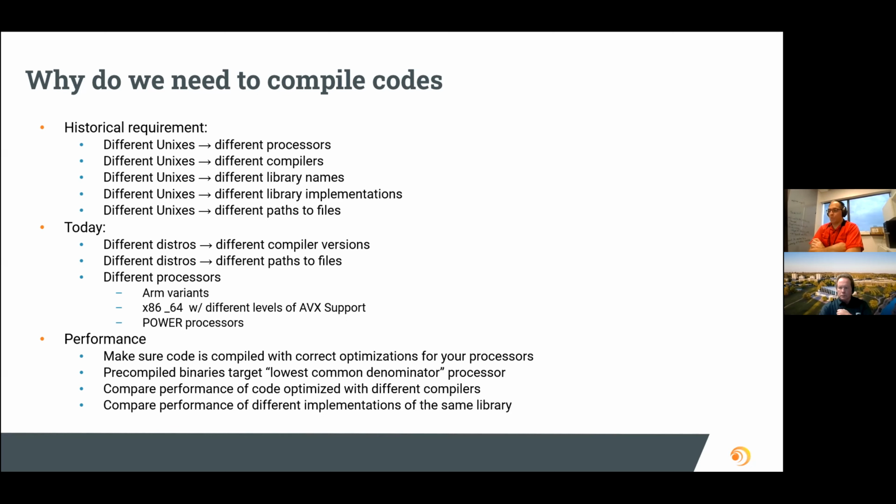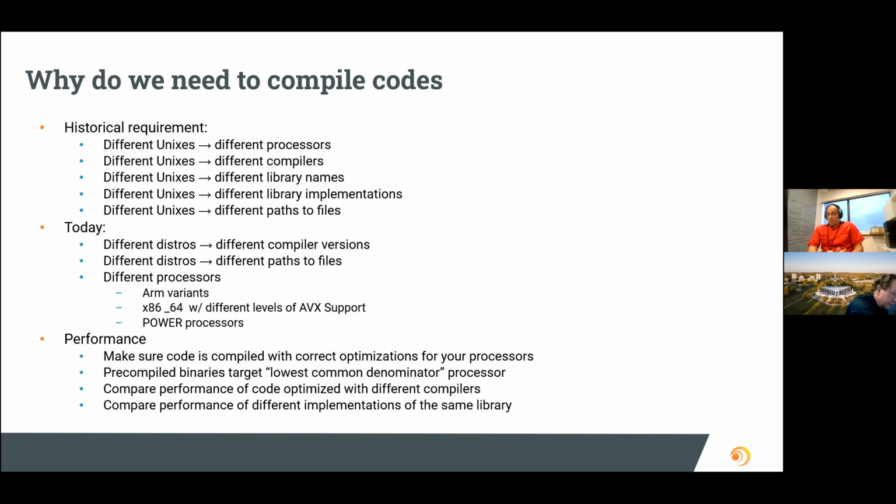Precompiled binaries, you generally don't want to use these for HPC because they're typically compiled for the lowest common denominator processor so that they can be run anywhere. That means they're probably going to be compiled for a 386 or 686 processor, or the lowest common denominator of a 64-bit x86-64 processor. So the AVX extensions that I was talking about are probably not going to be supported, and that's where you get a lot of the performance on the newer x86 processors.